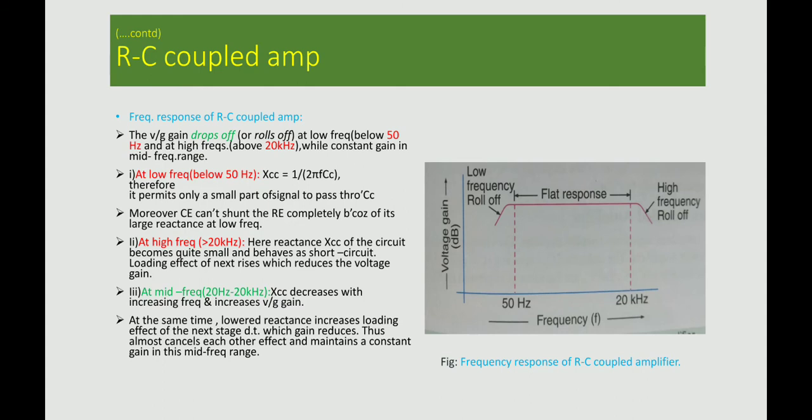Then for the frequency range 20 Hz to 20 kilohertz, the mid frequency range, the capacitive reactance XCC decreases with increased frequency and increases voltage gain. At the same time, lowered reactance increases the loading effect of the next stage, due to which gain reduces. Thus these effects almost cancel each other and maintain a constant gain in this mid frequency range.